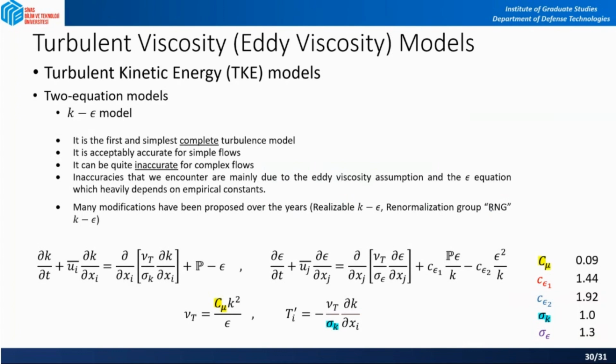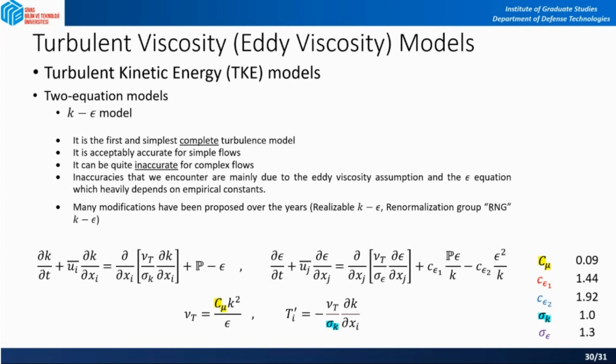Maybe we don't have time to talk about them right now, but a modified version of K epsilon is called the K omega model, and in the 1990s a modified version of K omega was developed, which is called K omega SST, the shear stress transport model. And all these things started to actually branch out eventually.